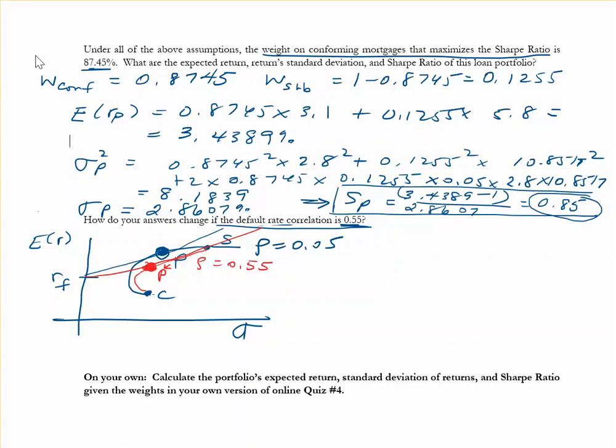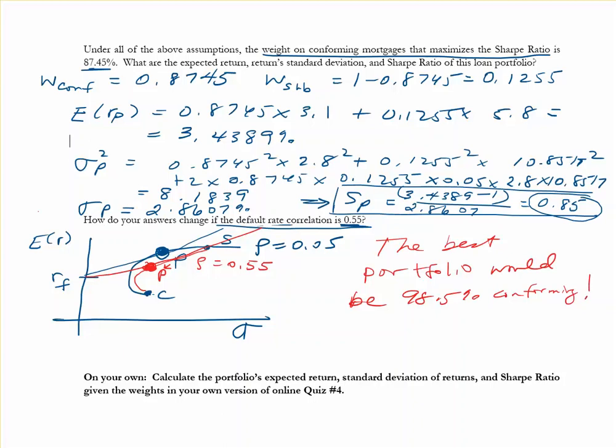Let me just tell you that after doing all the math, the best portfolio under a different correlation coefficient would be 98.5% conforming.